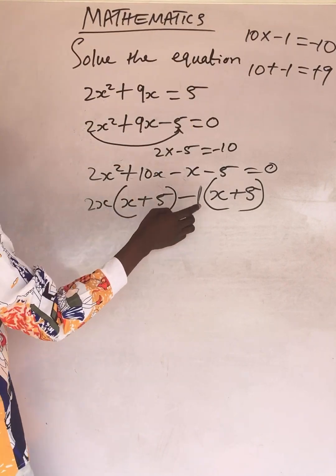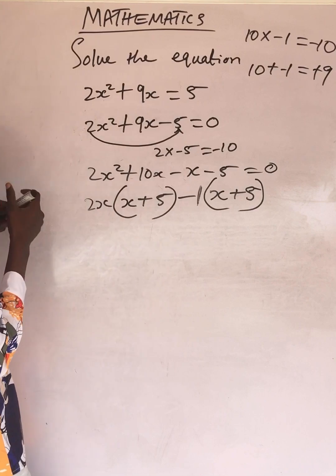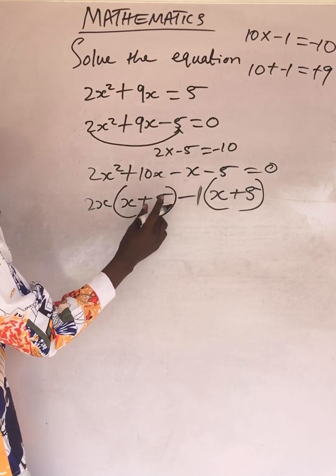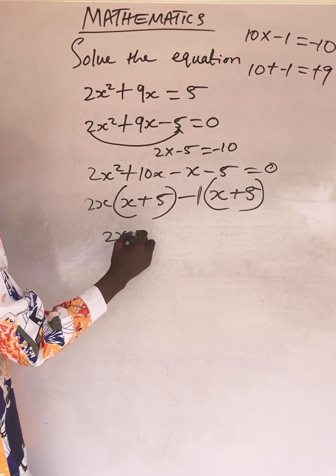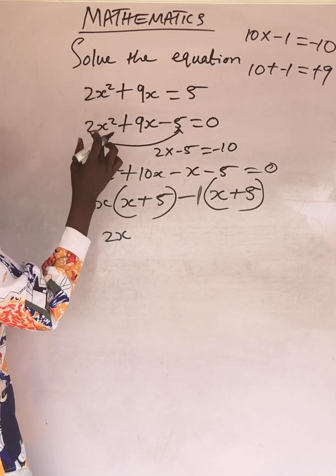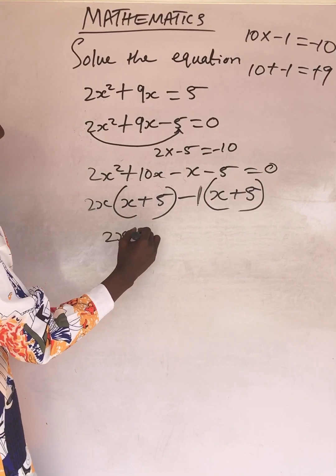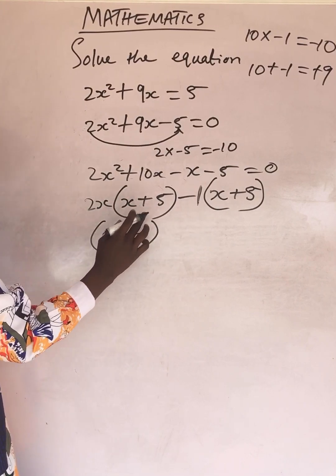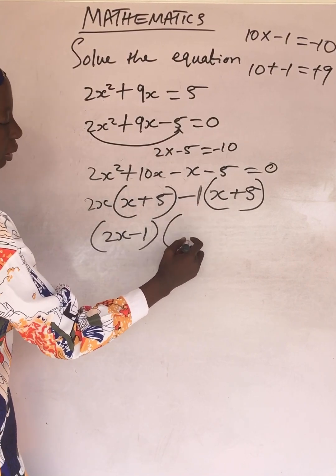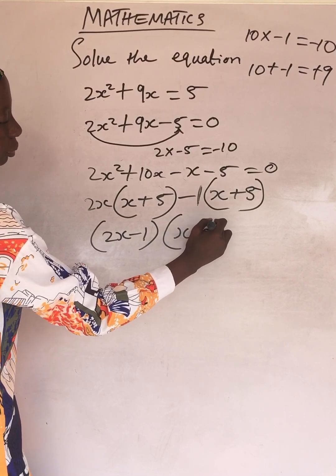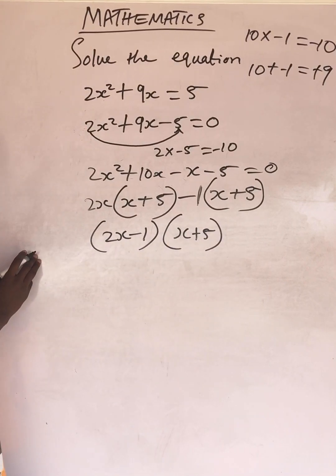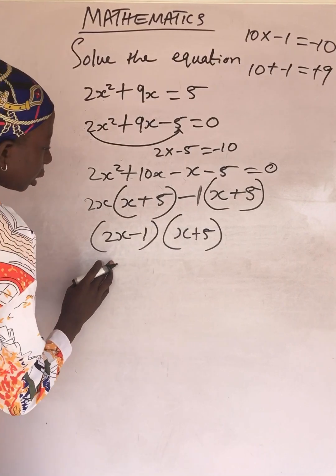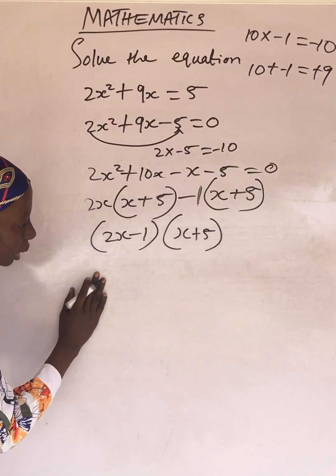All right, so now since we have both brackets the same, we'll take the first one outside, which is 2s. Don't forget we are looking for s, which is the unknown. We have 2s minus 1 in a bracket. That's the outer bracket. Then these two brackets that are the same, we'll take 1, which is s plus 5. So it is from these two brackets we are going to get our s.